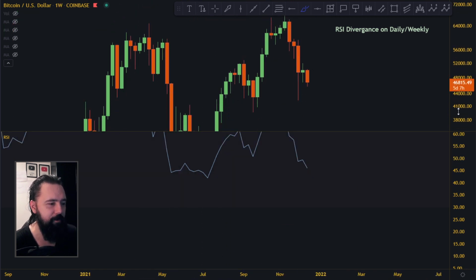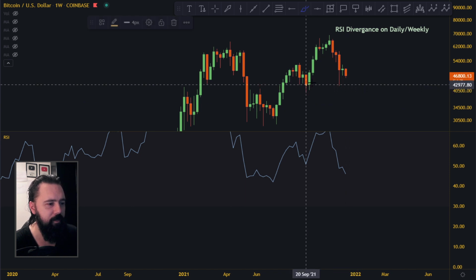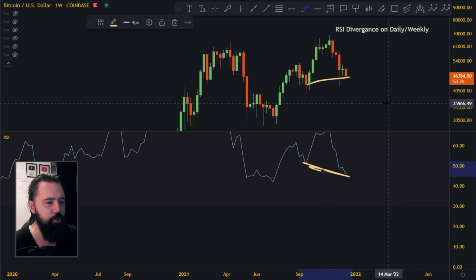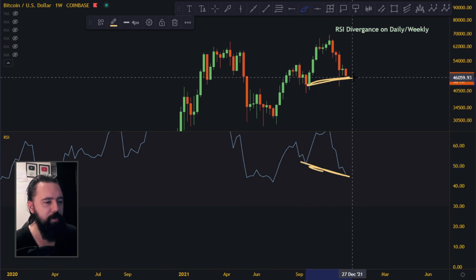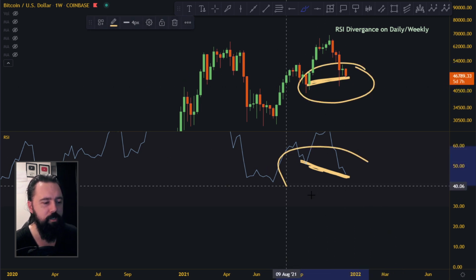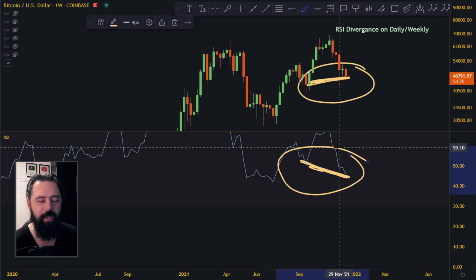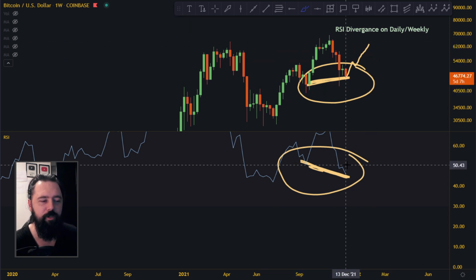Now on the weekly time frame, there's a huge bullish hidden divergence. So the price is going towards the downside, the RSI is going towards the upside. Now, again, RSI is a laggy indicator, so this is not confirmed, and by the time it gets up here and it is confirmed, it's too late.